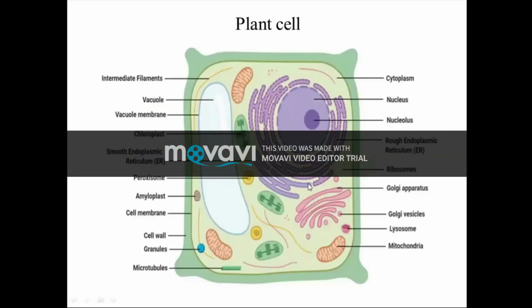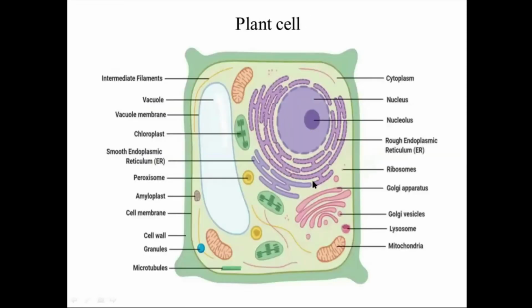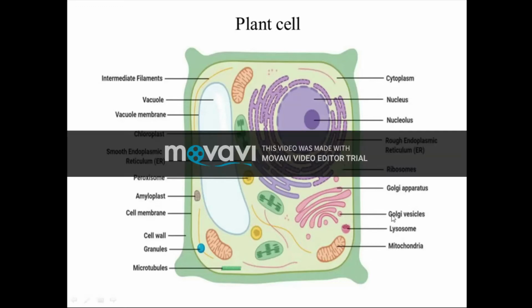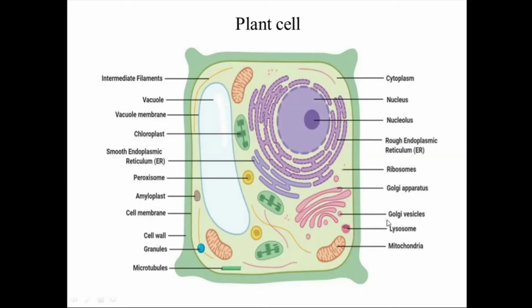But in the plant cell, the Golgi body is found in few plants, especially orchid plants, which have leaves, and the cells of their leaves contain Golgi vesicles. Golgi vesicles have many names like Golgi apparatus, dictyosome, idiosome. So all the names are important for your competitive exam.